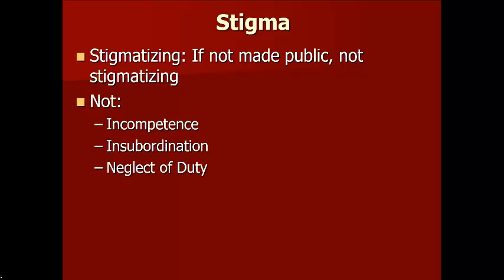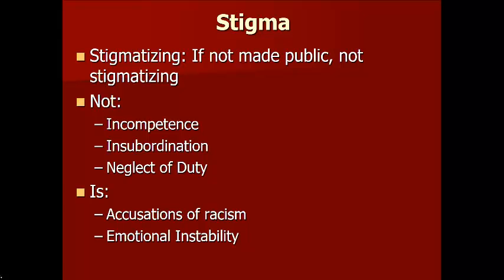Okay, so things that are not stigmatizing: incompetence, insubordination, neglect of duty. Things that would be considered stigmatizing: accusations of racism, emotional instability. And so these are things where it's going to be a delicate line when you're dealing with them, and Alexander and Alexander do a good job of going into all these different areas and what they are.